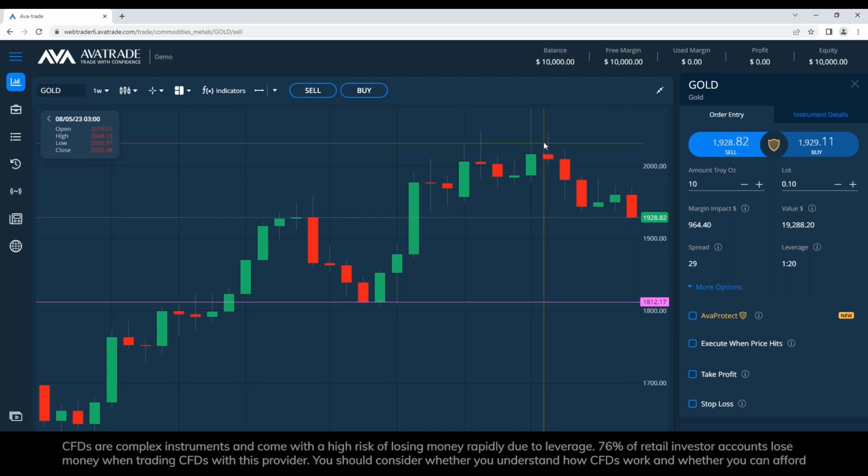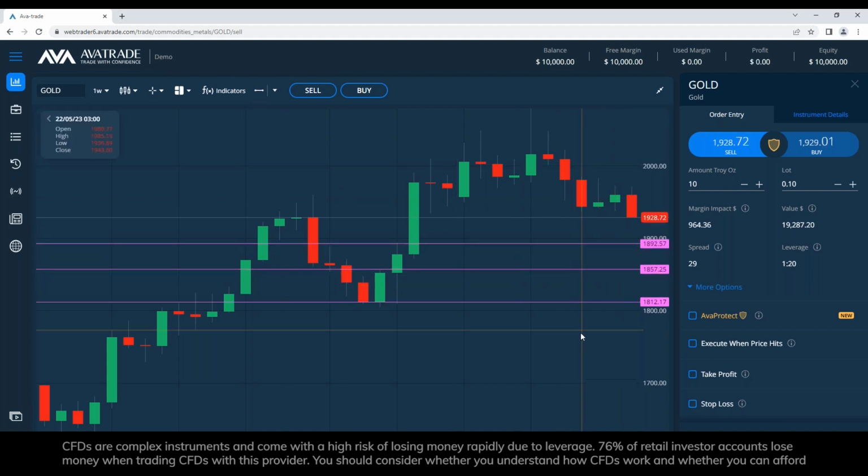So we have three bears, two bulls, and another bear. That means potentially we can have another couple of candles. So I must know how much gold can go down. Will it go to here? Will it go to here? Will it go to that line?